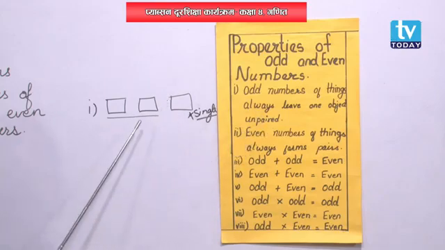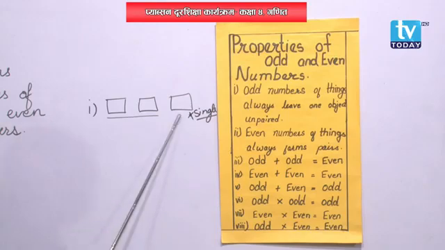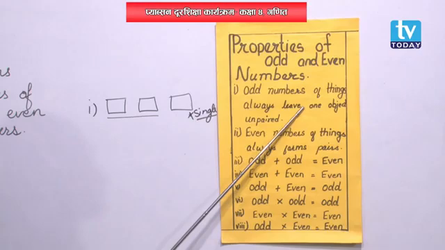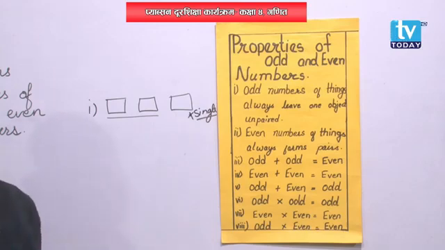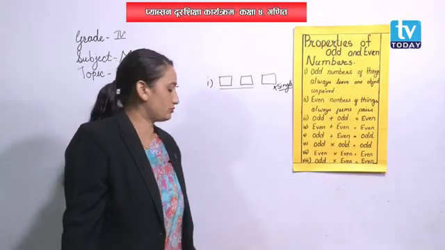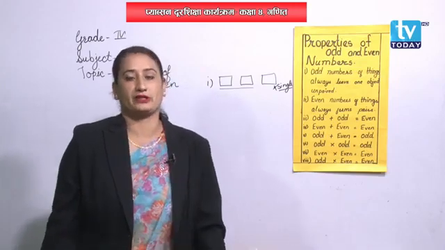To prove this, these 2 always become a pair and this one always remains single. That means it leaves one object unpaired. Do you understand? So while we separate the numbers 1, 3, 5, 7, 9, 11, they are all odd numbers. They don't have any pair friends. They will leave one unpaired.